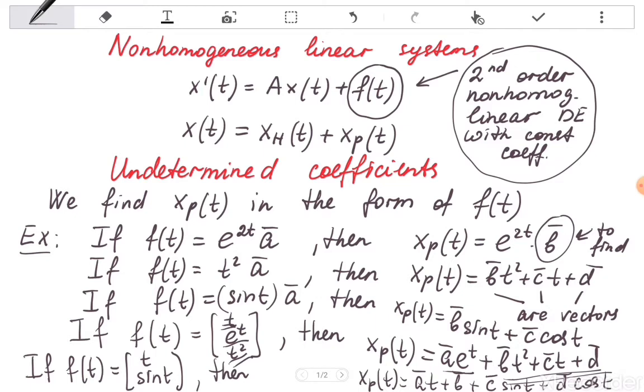Okay, what about the question as we had in linear differential equations, if we have e to the 2t, and 2 is a root of the characteristic equation, or in other words, if we already have such a thing in the homogeneous solution, what should we do? In linear differential equations, we just multiply it by t.